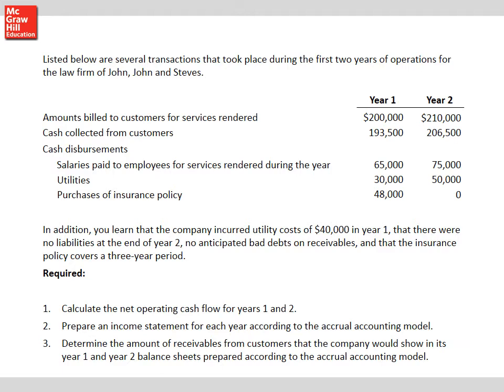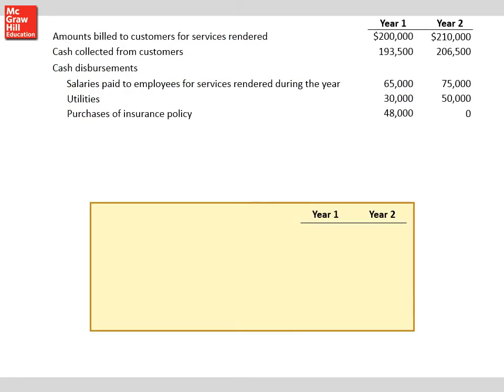So here are the transactions and information again. The amounts billed are the amounts that went out in the mail as charges. Cash collected, of course, is the cash that was sent to the company. The cash disbursements list each amount that was paid during year 1 and year 2.